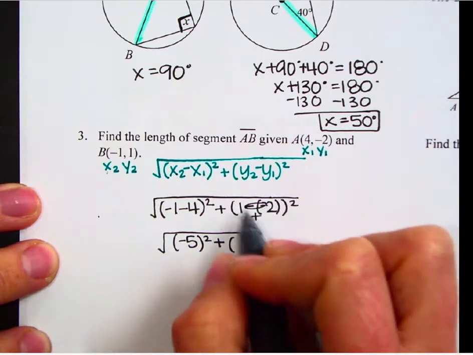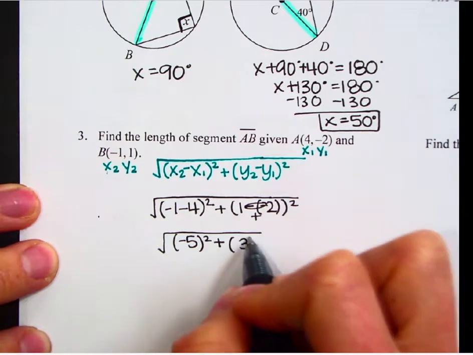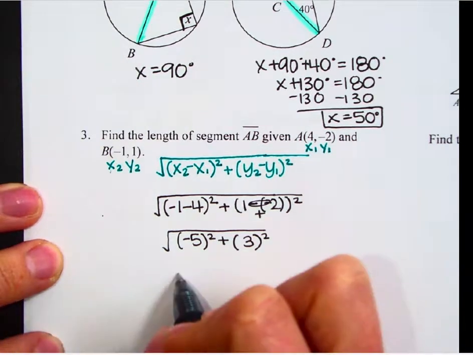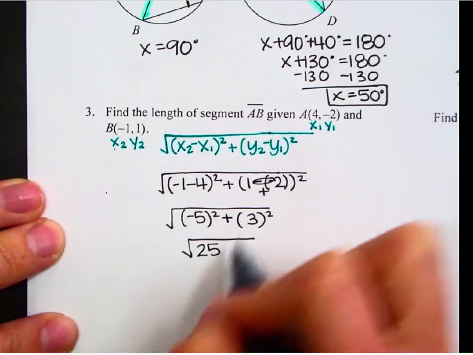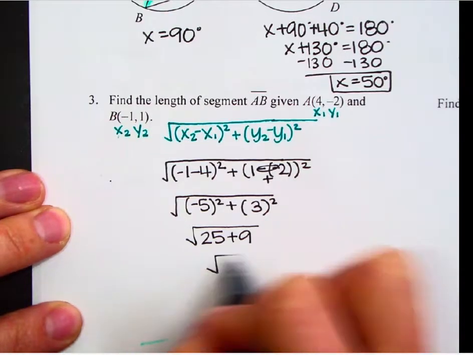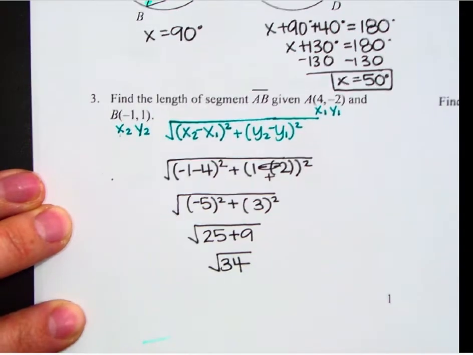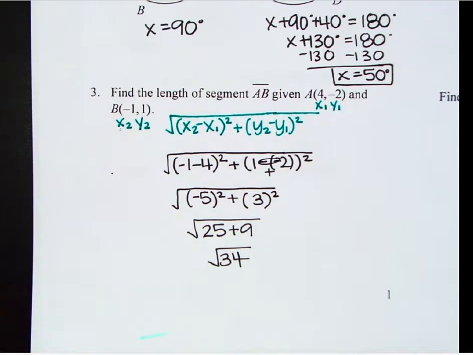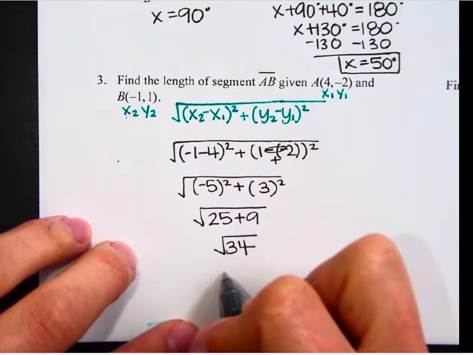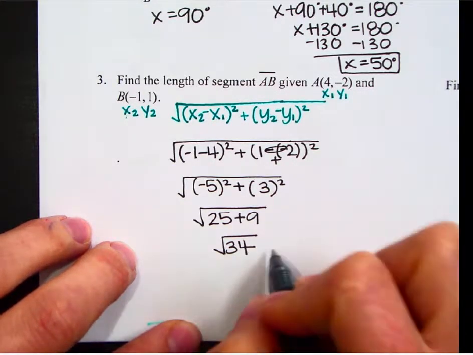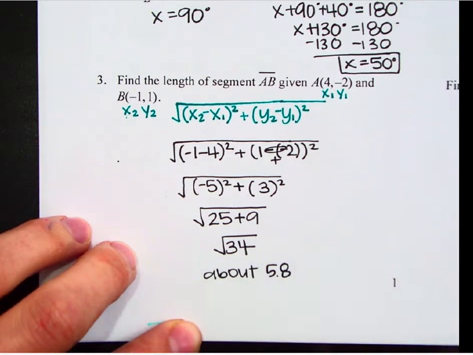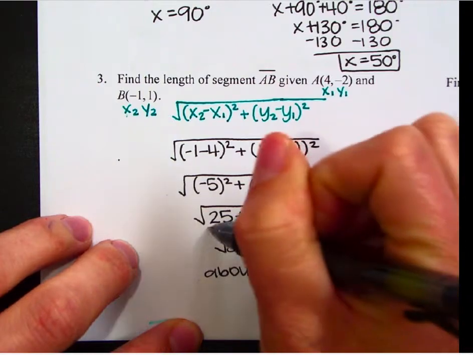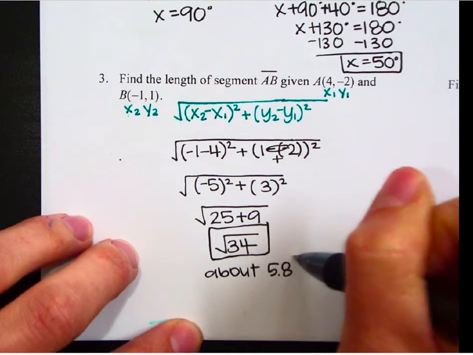Inside parentheses here, like I just mentioned, 1 plus 2 is 3. -5 times -5 is 25, 3 times 3 is 9, and the length of the segment is square root of 34. If we want to find the decimal, it'd be about 5.8, using square root of 34 in the calculator. So either one of these answers would be okay.